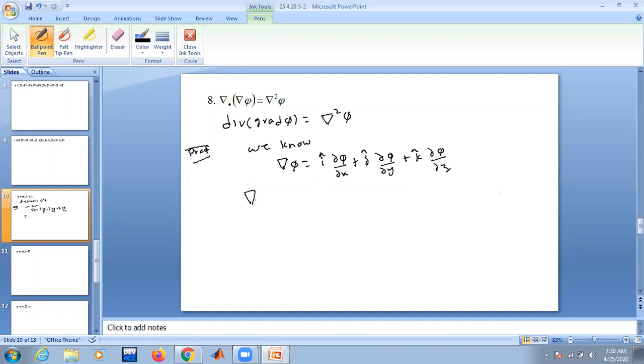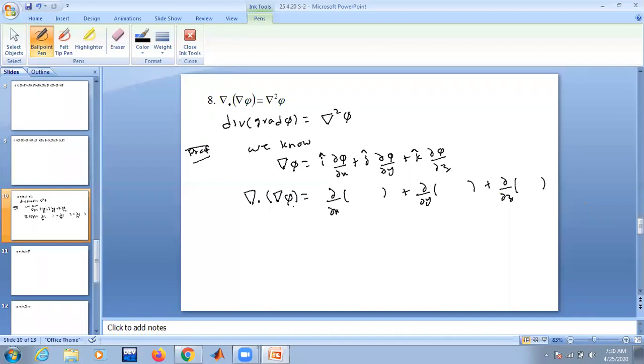So what is divergence of a vector? What is the formula for the divergence of a vector? ∂/∂x of the first component plus ∂/∂y of the second component plus ∂/∂z of the third component. Do you agree? That is the divergence of a vector formula.